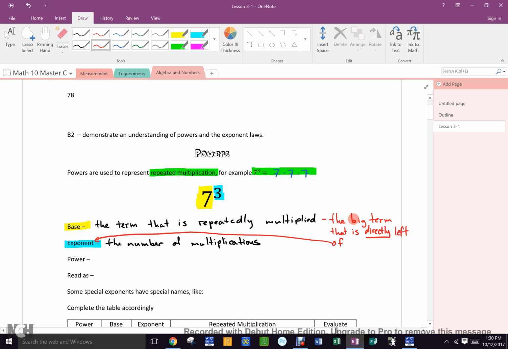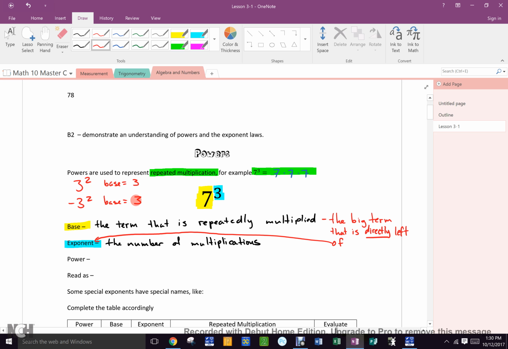Okay? Remember, a base is the term directly to the left of an exponent. So, 3 squared. What's the base? 3. Lovely. So the base there, base equals 3. Negative 3 squared. What's the base? 3. Why? James.